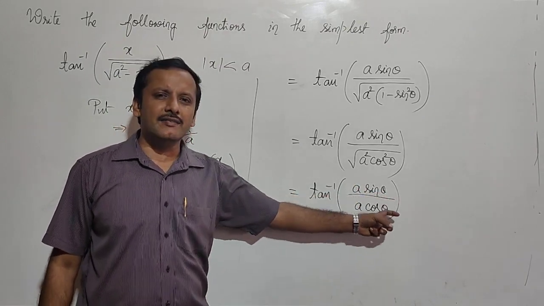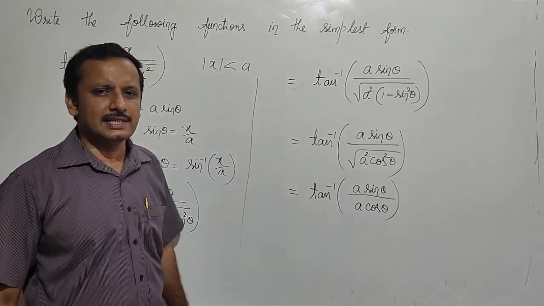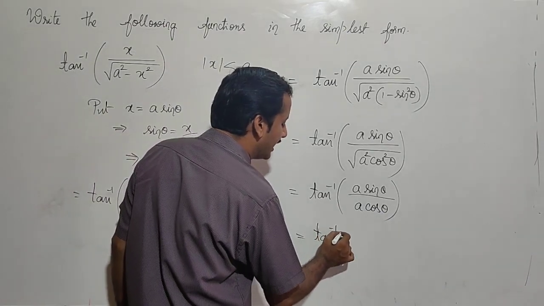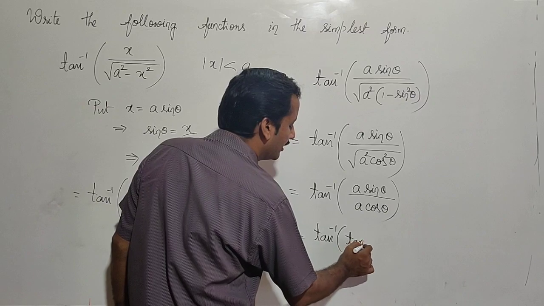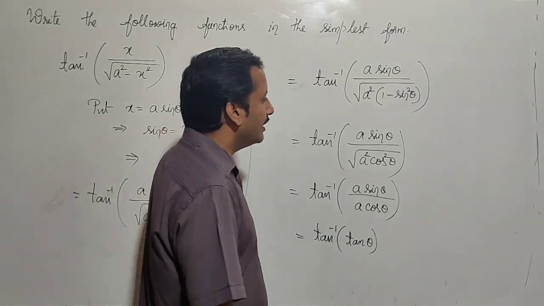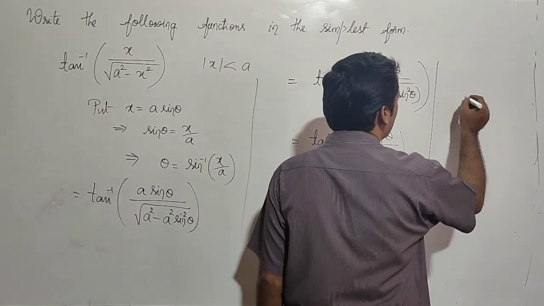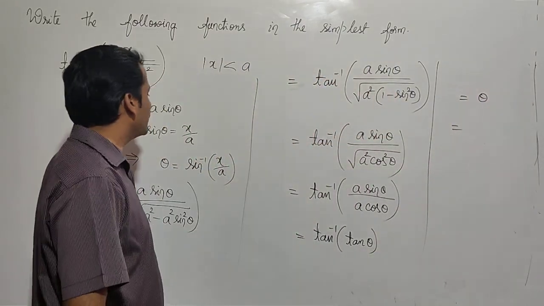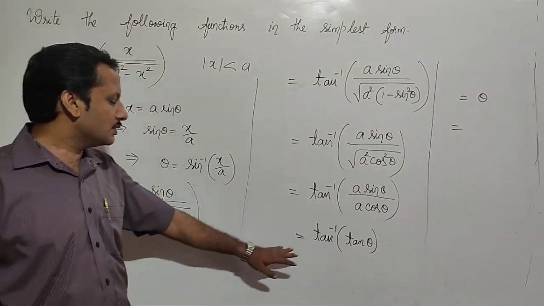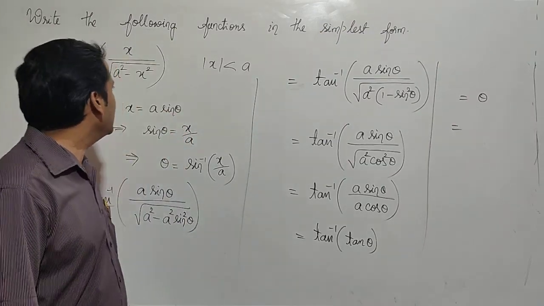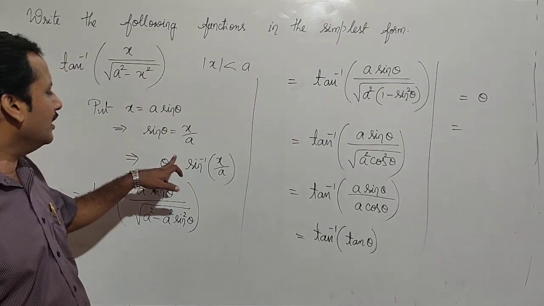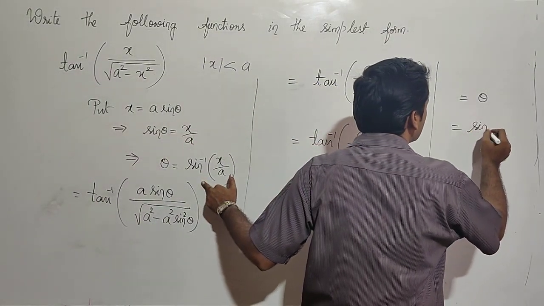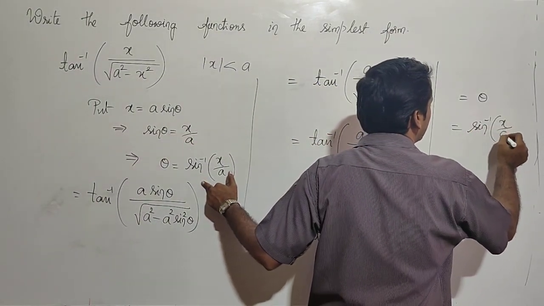Sin theta divided by cos theta is equal to tan theta. So you have tan inverse of tan theta. Tan inverse of tan y is equal to y. So tan inverse of tan theta is equal to theta. What is theta? Theta is sin inverse of x by a.